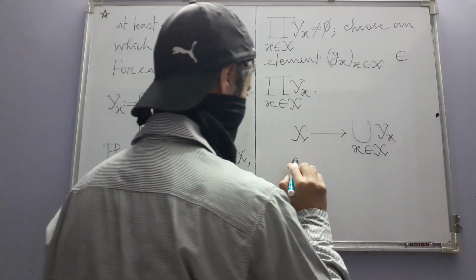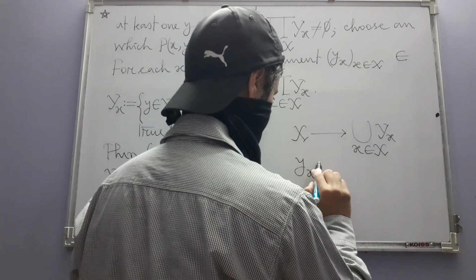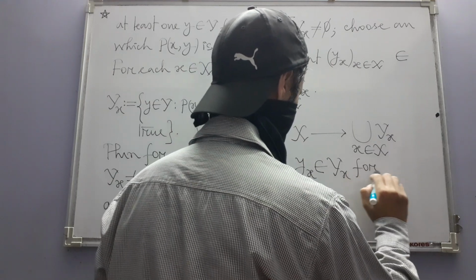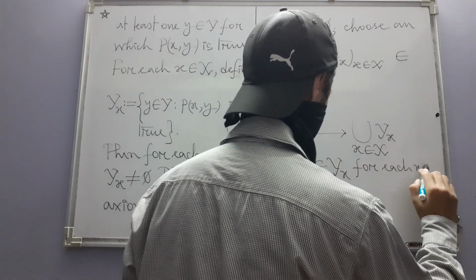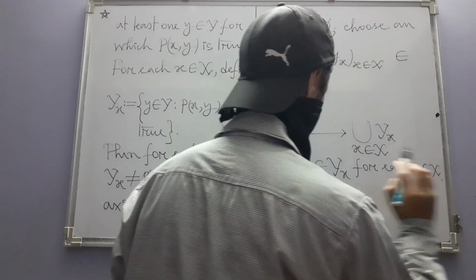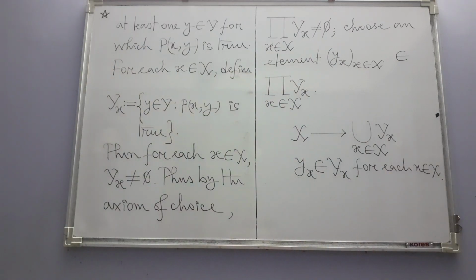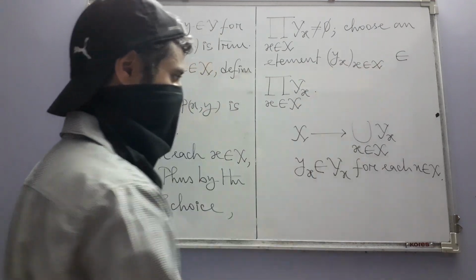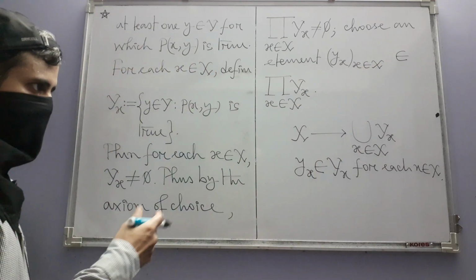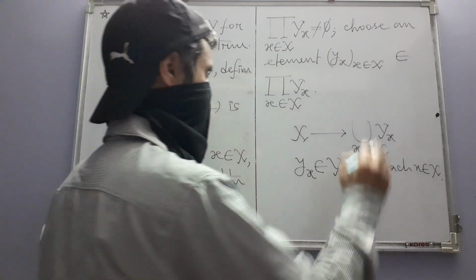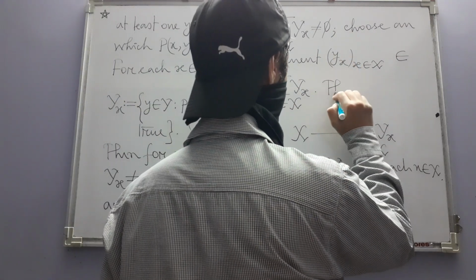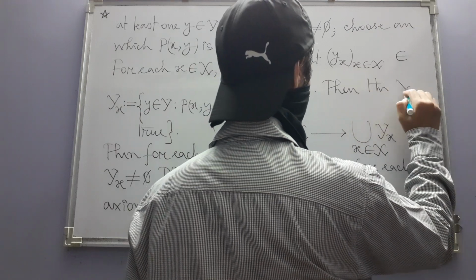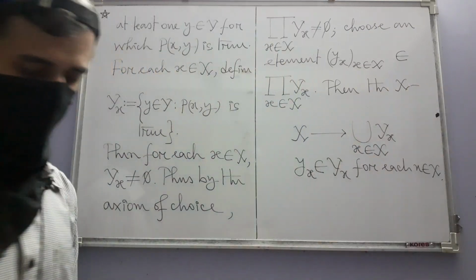The condition is that yx is coming from the set yx for each x belonging to x. In fact, that's what the definition of an x tuple is. So let's write these things. Then the x tuple, okay.